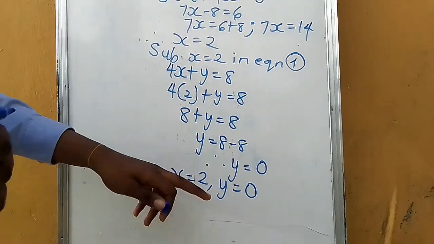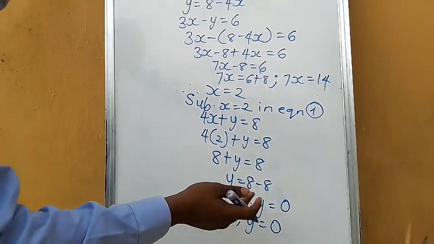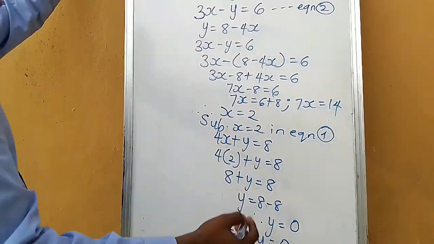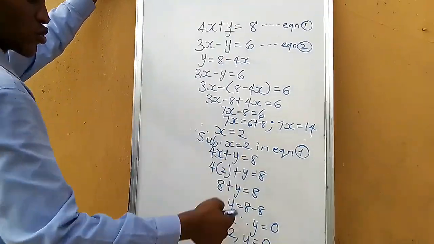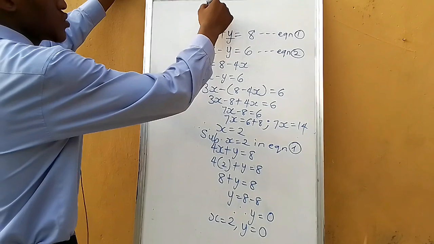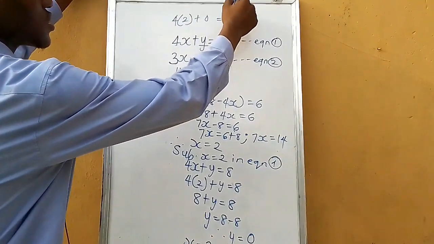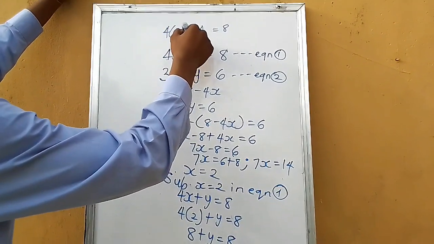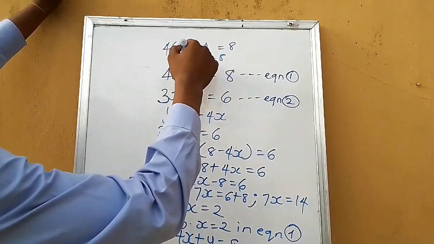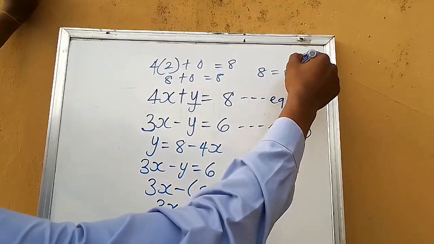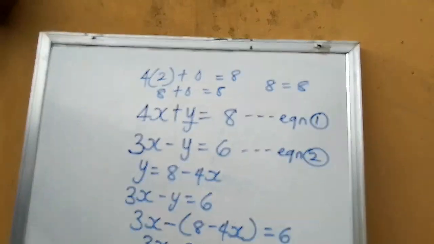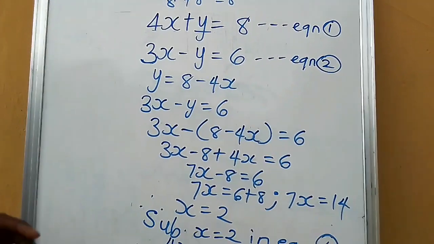You can check it out. How? By putting 2 in x, that will be 4 times 2, 8, plus 0 equals 8. So since 8 plus 0 is 8, equals 8, we are correct, and that's it about the substitution method.